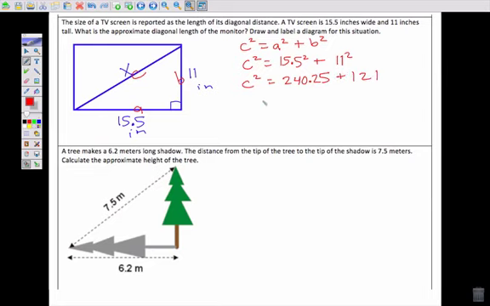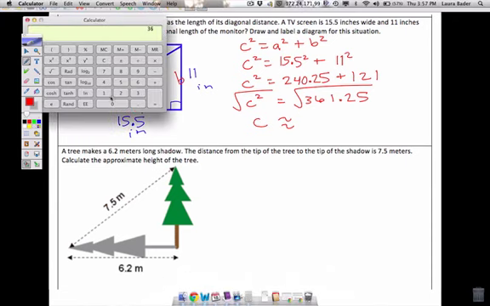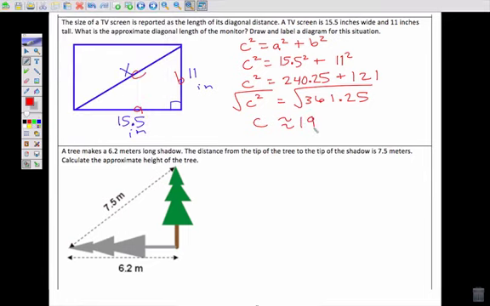So then C squared is equal to 361.25. And then I'm going to take the square root to find C. So C is approximately equal to 19.0065, so I'm just going to round that to 19. So it's about a 19-inch TV is what they'd call that.